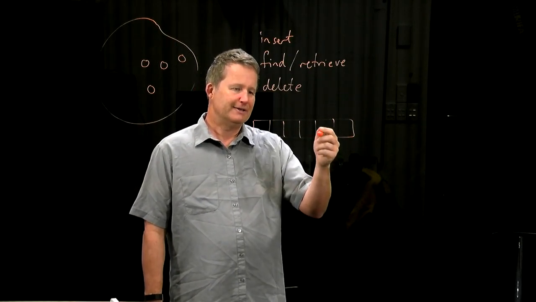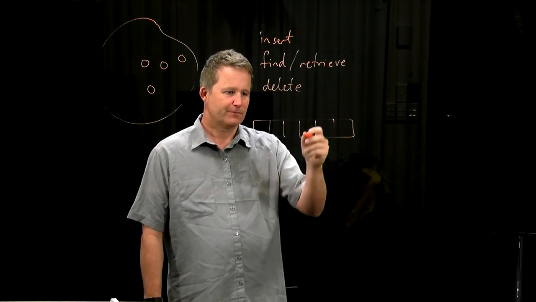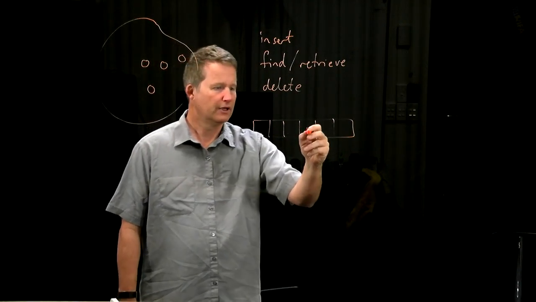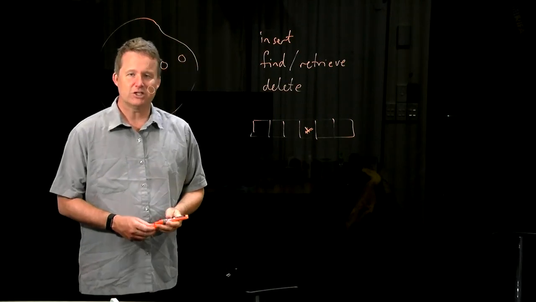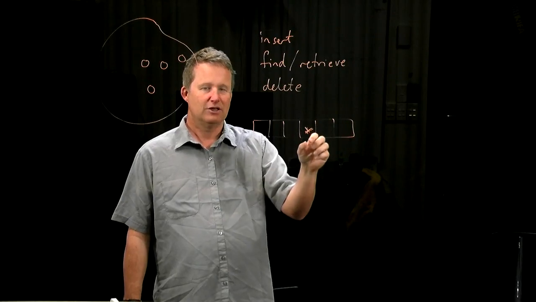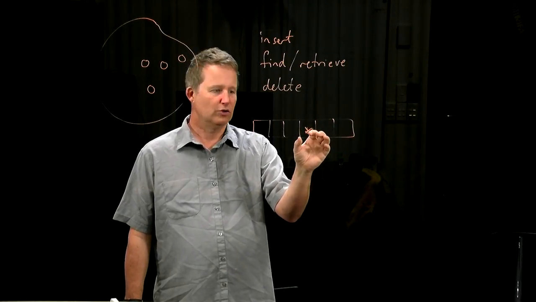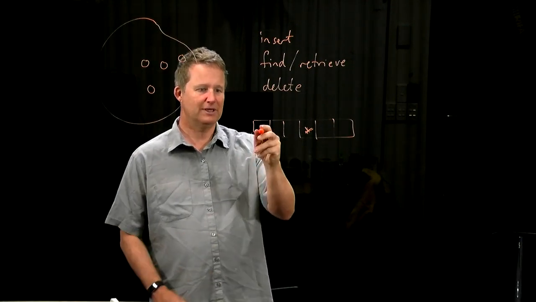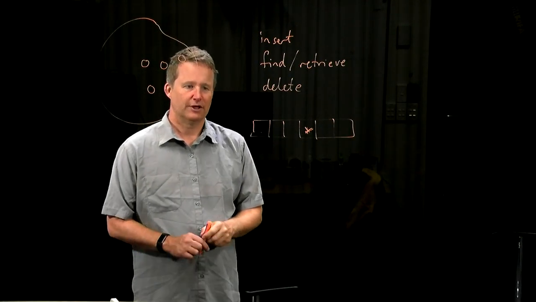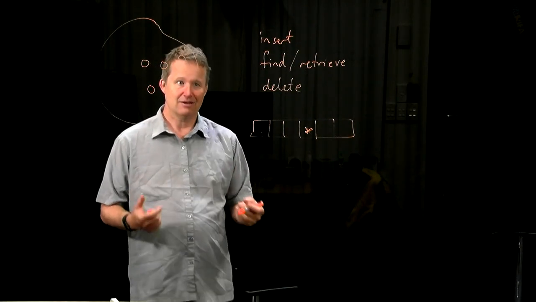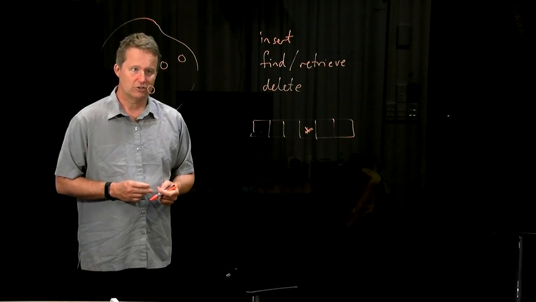So suppose you want to delete this element in here. If you have an array implementation, you can go straight there, but then to delete it, you have to move along all your elements to the right, and in the worst case, the element could be here, and you have to shuffle everything back along. So it could take order n time in the worst case to delete.